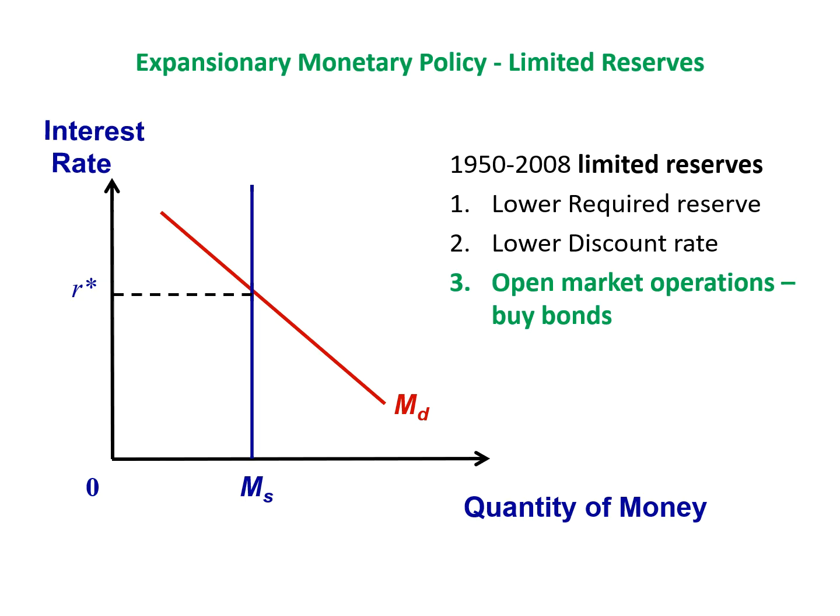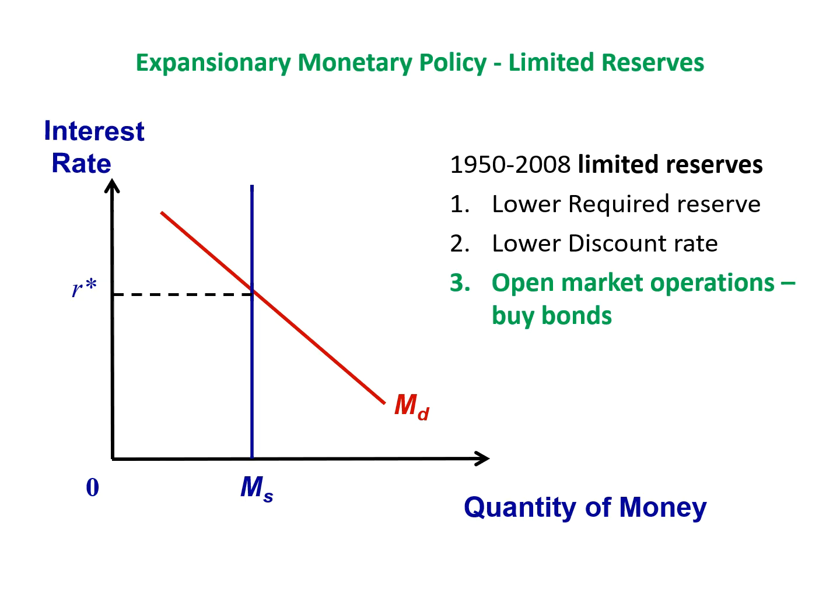The Fed has three tools at its disposal under the limited reserves framework. The Fed could use the rarely implemented required reserve ratio, lowering the required reserve, which would automatically increase the amount of excess reserves that banks hold and increase the size of the money multiplier. The Fed can lower the discount rate, making it easier for banks to borrow from the Fed, the lender of last resort, at the discount window.